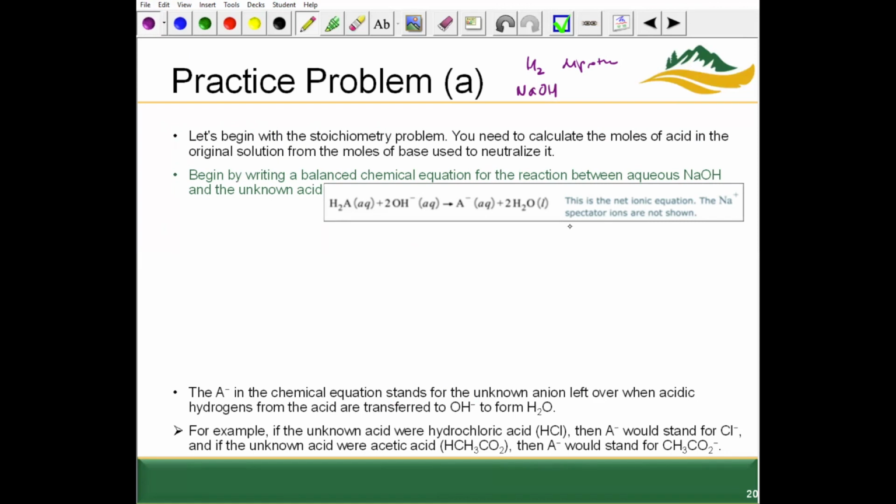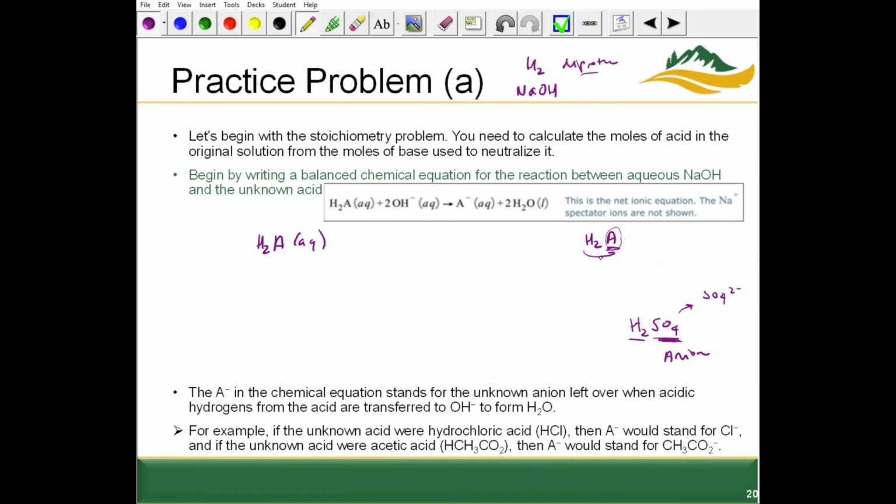One thing we can do with this diprotic acid is say that the anion portion is just some arbitrary A. For example, if we have a diprotic acid like H2SO4, the SO4 portion is our A because it's our anion: H2 is the diprotic acid portion, SO4 is our anion, so SO4 2-. For our example, we don't know the anion portion, and we don't really need to know it, so we can just label it as this arbitrary A. So H2A, with some anion here.